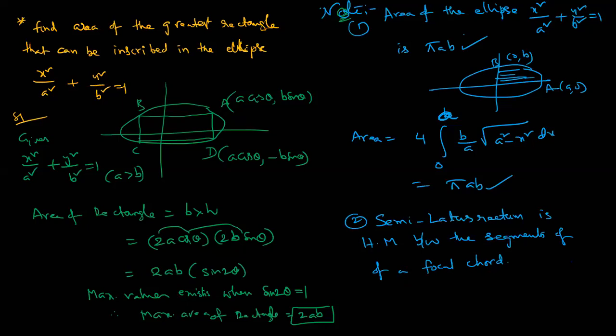That means what here? This is the focal chord P, S, Q. Then what can you say? 1 by SP plus 1 by SQ is equal to 2a by b square. That is the answer.